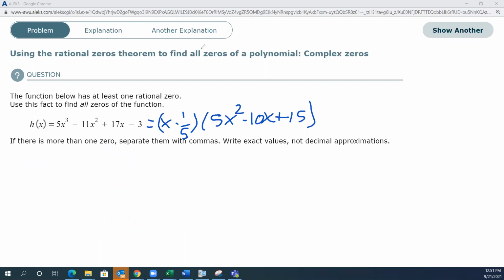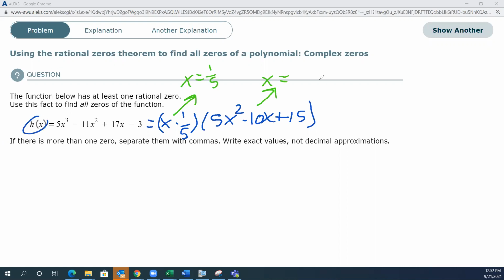All right, I know one of the zeros is x equals 1/5. Yeah, we already got it. What about the other two? Well, let's go find them.